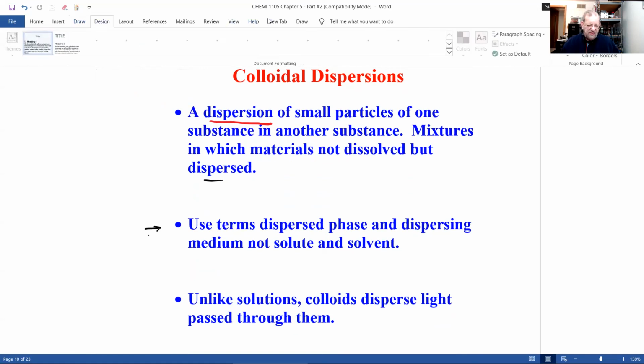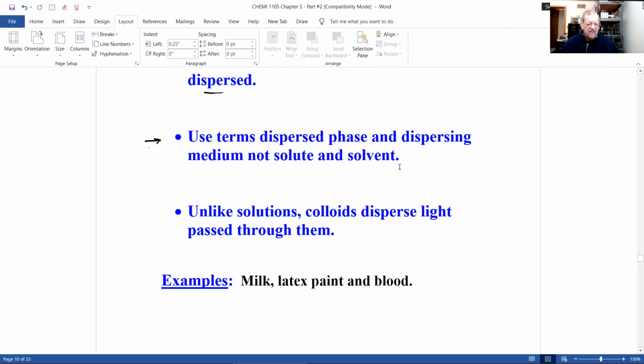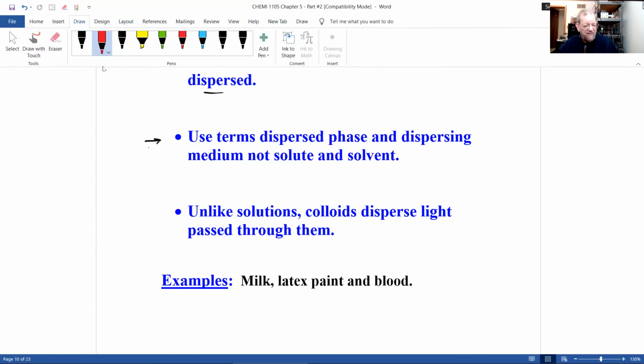Now, this is really important. Unlike solutions, colloidal dispersions, colloids, which is a shortened term for colloidal dispersions, disperse light that's passed through them.